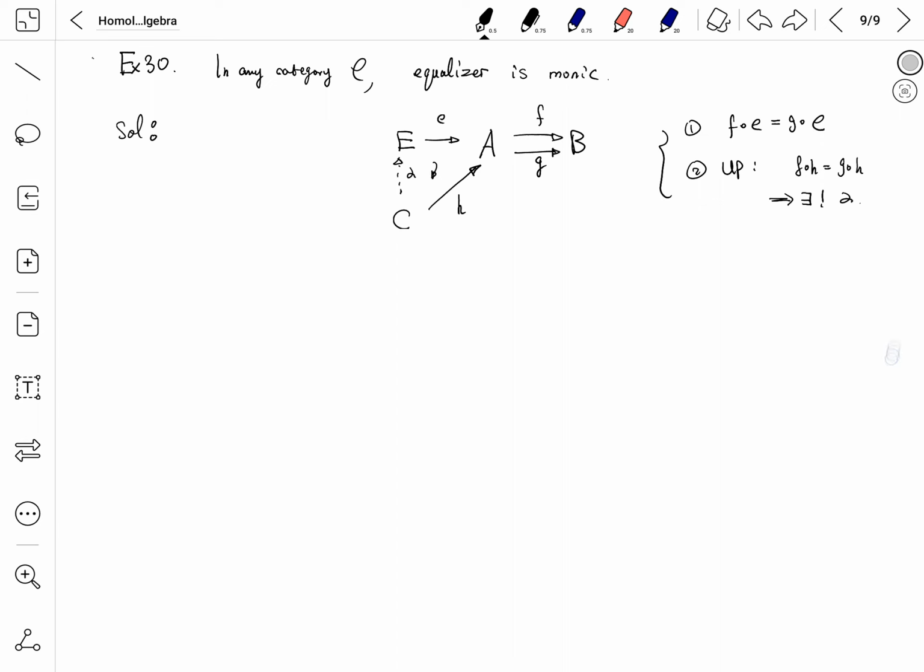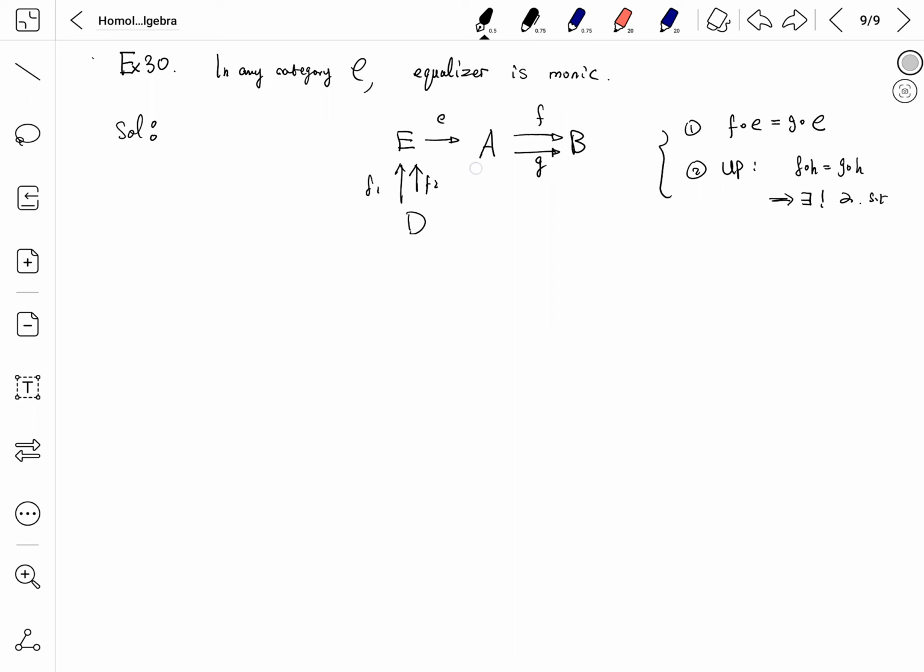Okay, and so we now check this equalizer E is monic. Let's put some more precise names. We want to check it is a monomorphism, so for any D and for any two morphisms into E, F1, F2, suppose the composition is the same.